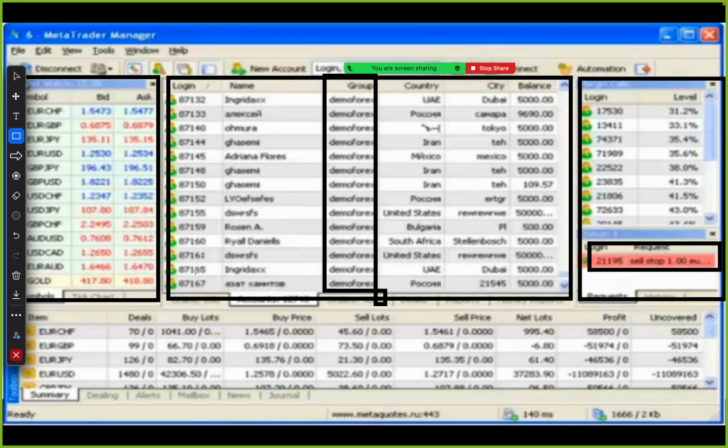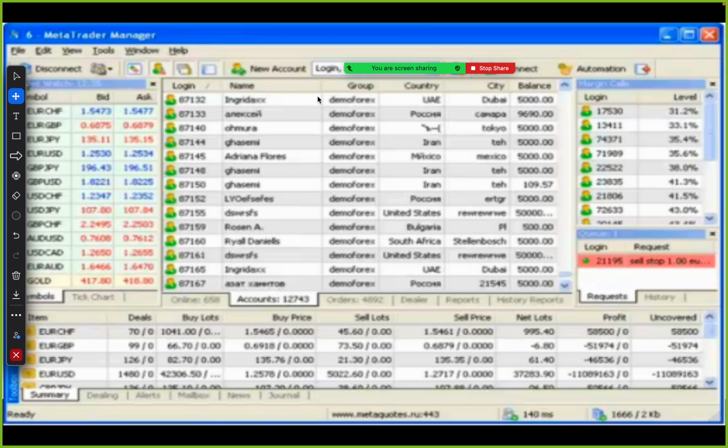You're basically grouped by how much your account has in it and where you're from. Also, you're grouped by the type of accounts you're holding. Right? This is the account manager's desktop.